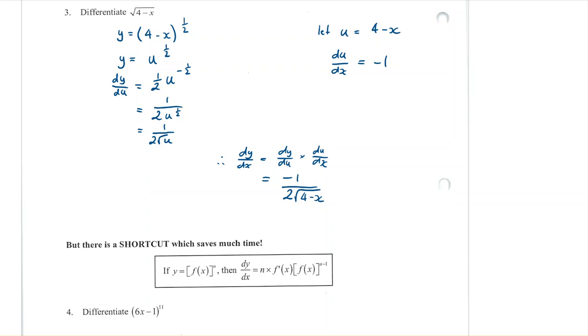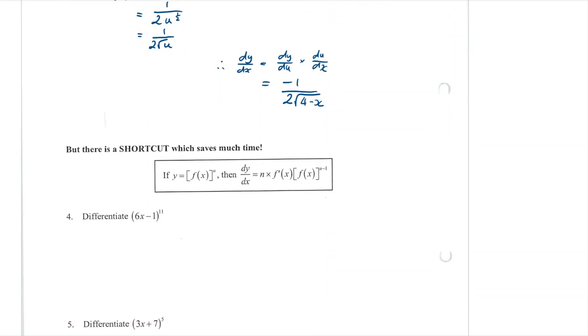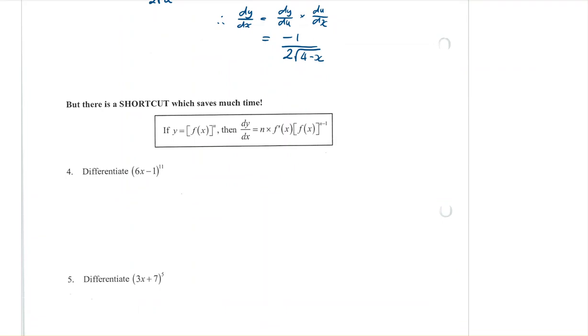Okay, so now that I've shown you the chain rule, there is a shortcut that you can use so that you don't always have to sub in the u all the time. And this is it, as a rather interesting looking formula here.